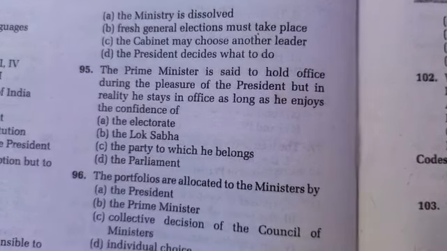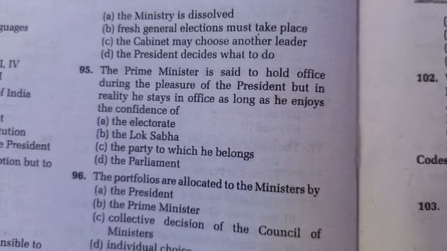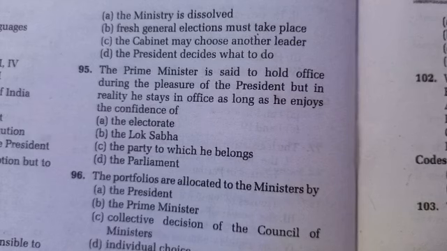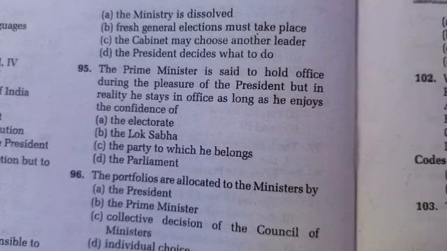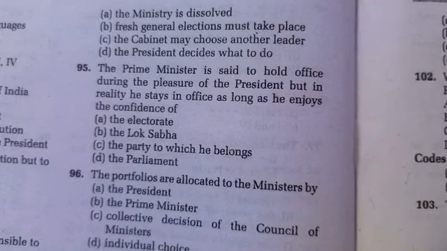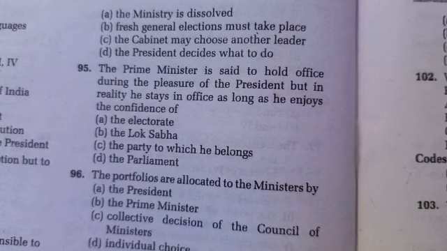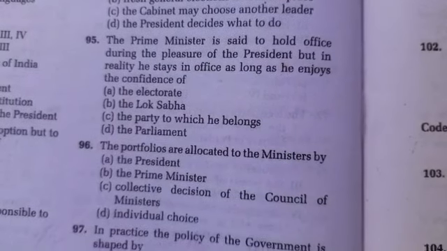The Prime Minister is said to hold office during the pleasure of the President, but in reality he stays in office as long as he enjoys the confidence of. So the correct answer is B. He enjoys the confidence of the Lok Sabha.